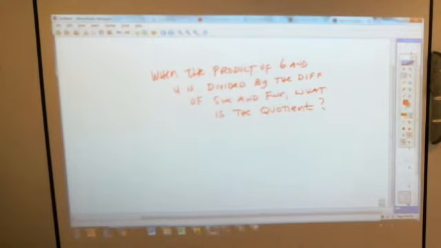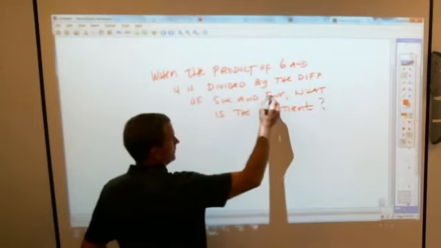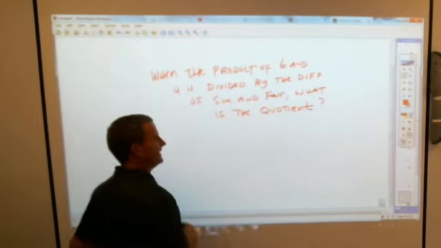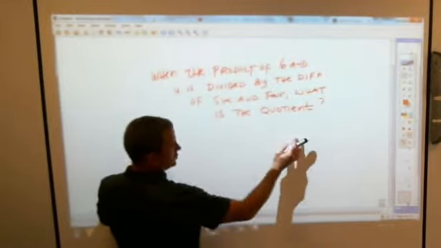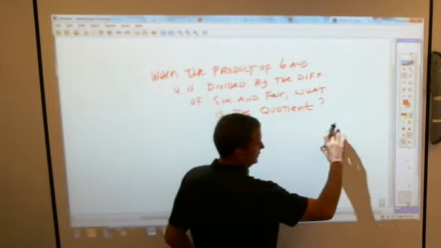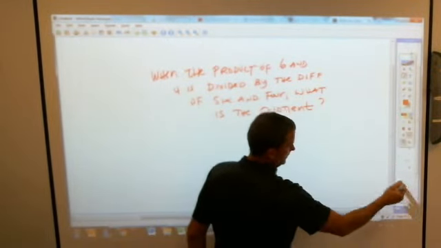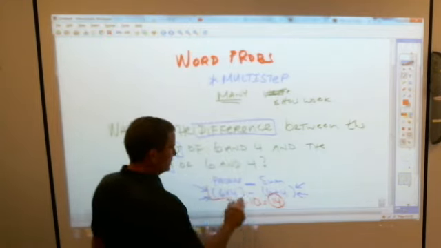Well, the product of 6 and 4 is divided by the difference of 6 and 4. I am going to give you a second, and I would like for you to write down the equation, or the operation, or what your thing should look like. I want to see what you get for this part.